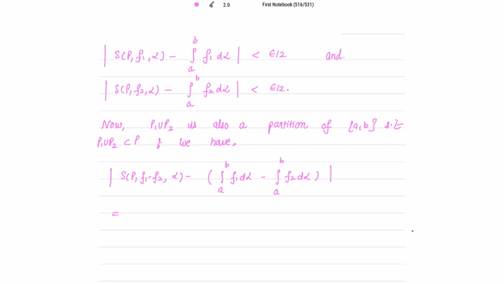Now again, P1 union P2 is also a partition of [a, b], such that P1 union P2 is also a subset of P.